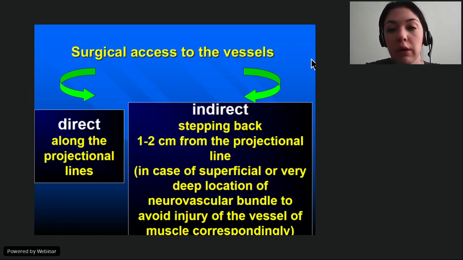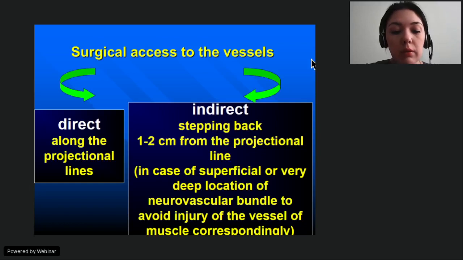We use an indirect surgical approach in case of a superficial or, vice versa, very deep location of the neurovascular bundle to avoid injury of the vessel or muscle correspondingly. So look, if vessels are located very superficially, then if we dissect along the projectional line, we can accidentally damage this vessel. That's why we go away a little bit.